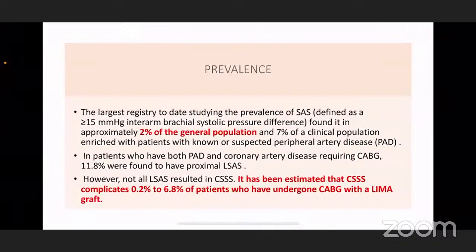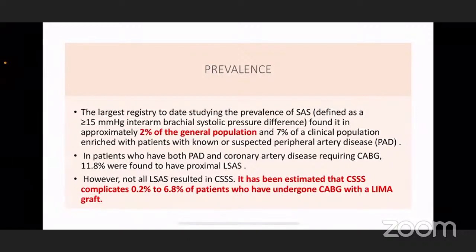Okay, the prevalence. The largest registry to date studying the prevalence of subclavian artery stenosis defined it as more than 15 millimeters of mercury interarm brachial systolic pressure difference. The meaning is, how do you know that this patient has a subclavian artery stenosis?